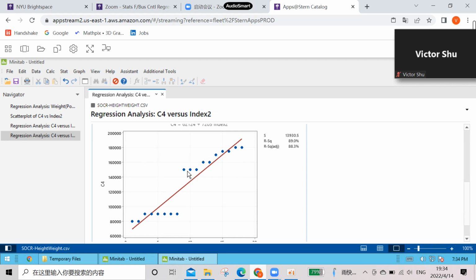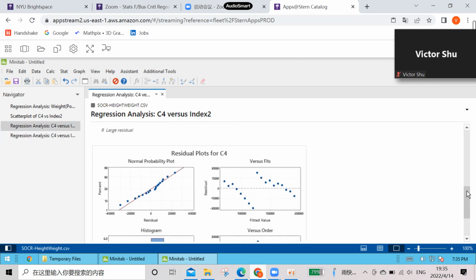The probability of finding 7 consecutive positive residuals is 50% to the power of 7, which is very, very low, less than 1%. So that makes me believe there's something wrong with the model.